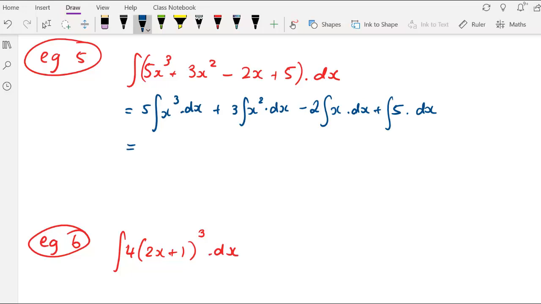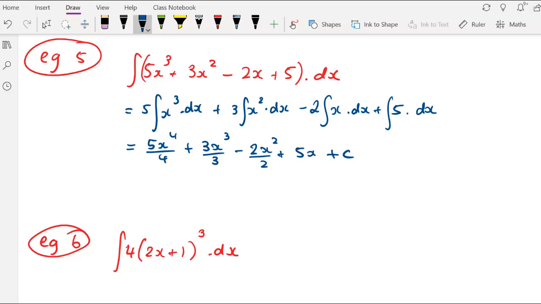Okay, so this becomes quite simple. We've got 5 x to the power of 4 on 4. We've got 3 x to the power of 3 on 3. We have 2 x to the power of 2 on 2, and 5x plus c.